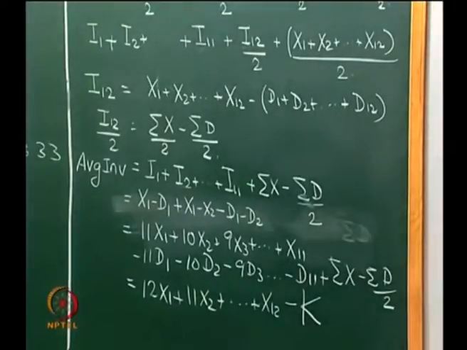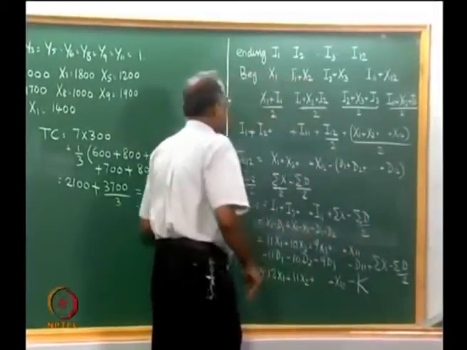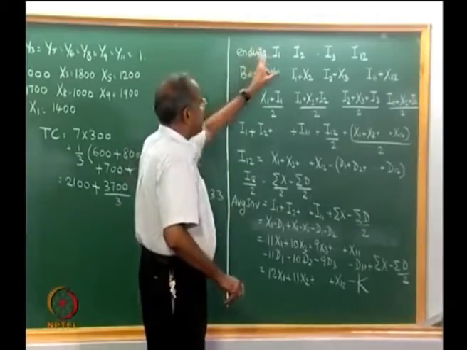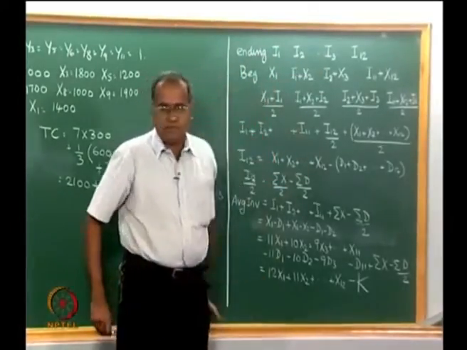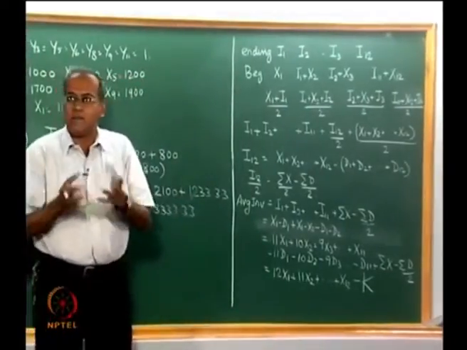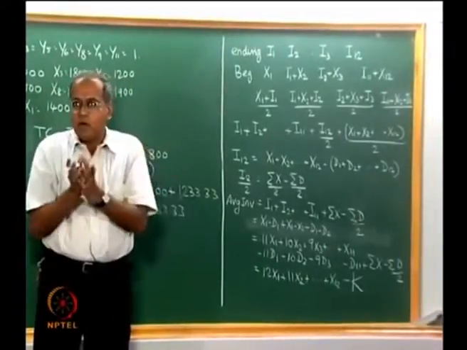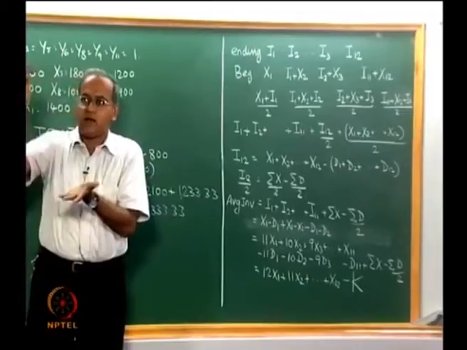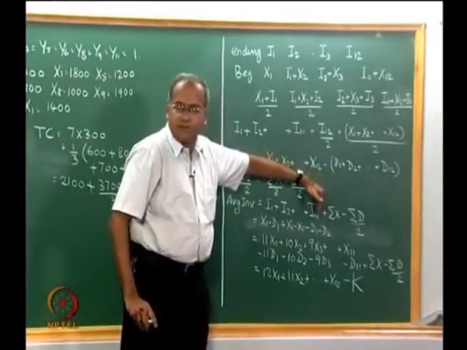There is another way of looking at the same thing. The reason perhaps is that initially we started with ending inventories as I1 plus I2 plus I3 up to I12. Now ordinarily I12 will be 0, because beginning inventory is 0, and pushing an I12 will lead to higher cost. So it is enough if we do up to I11.